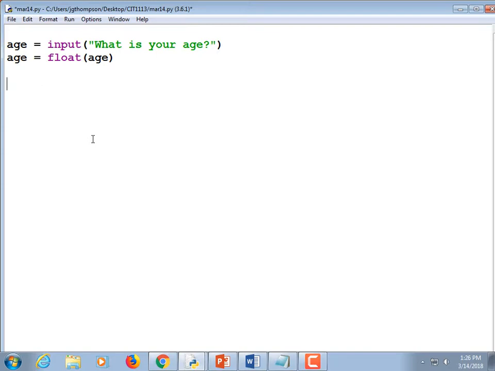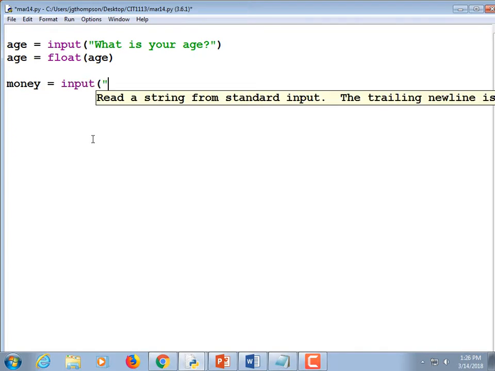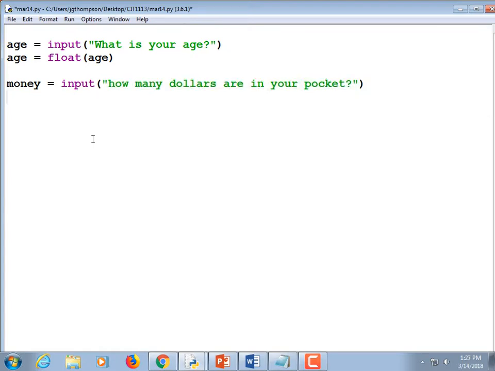And then let's do another one. Money is equal to input, how many dollars are in your pocket? Let's also convert that to a float.